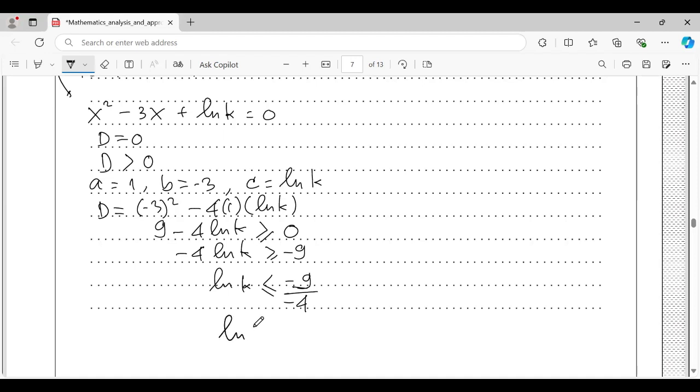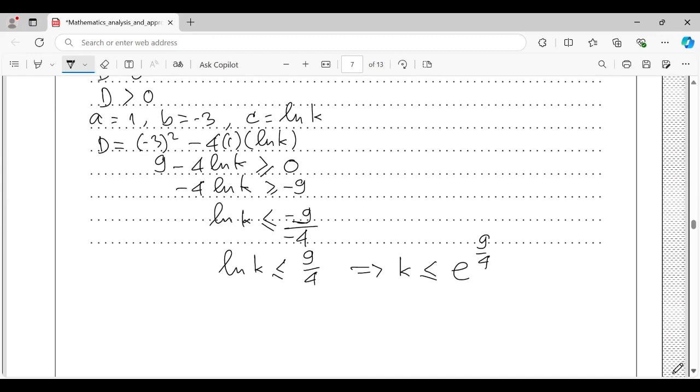So ln k is less than or equal to 9 over 4, and k is less than or equal to e power 9 over 4. So this is the solution.